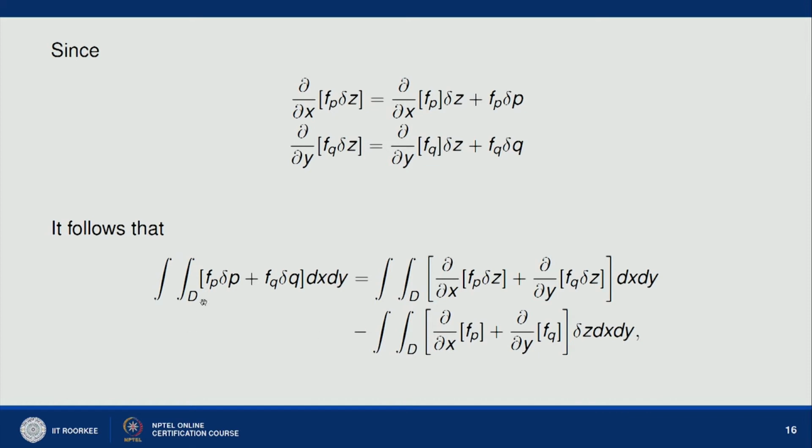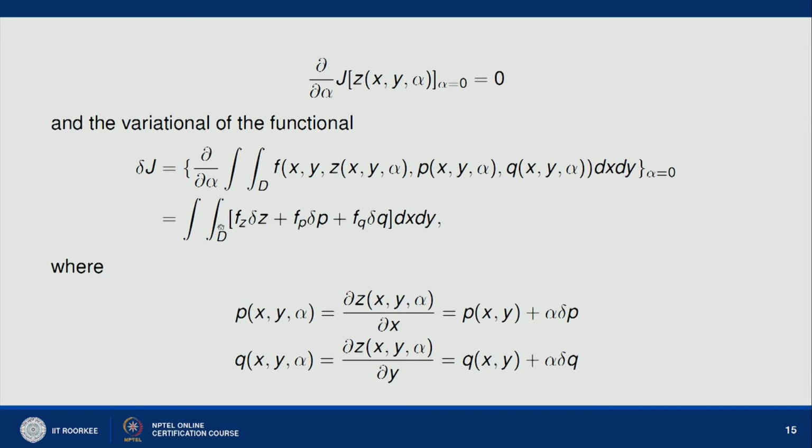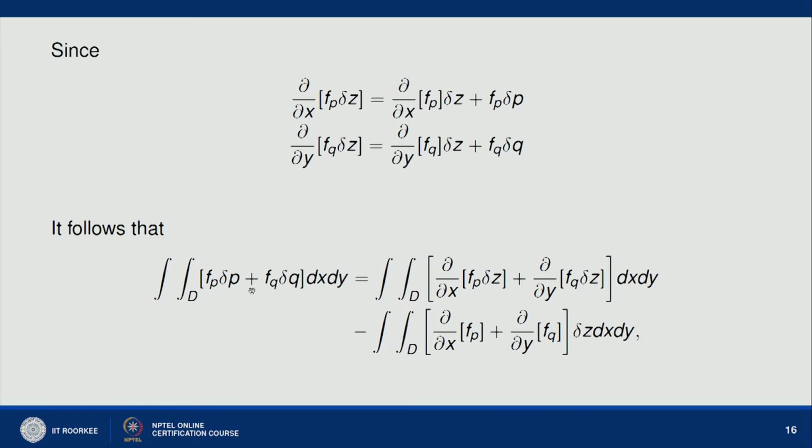So here, in this integral which is coming out to be 0, we are trying to find the value in terms of delta z, dx and dy. This is coming out to be the difference of these two integrals, and for simplifying them, let us apply Green's theorem for the first integral.